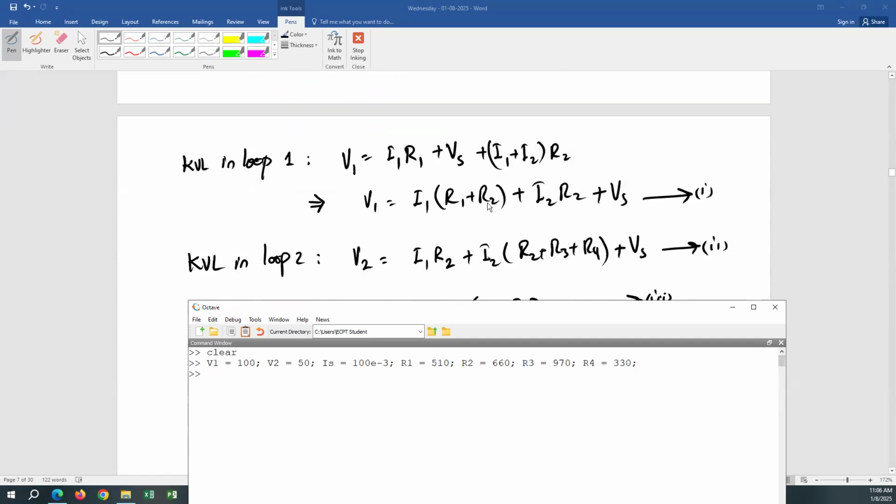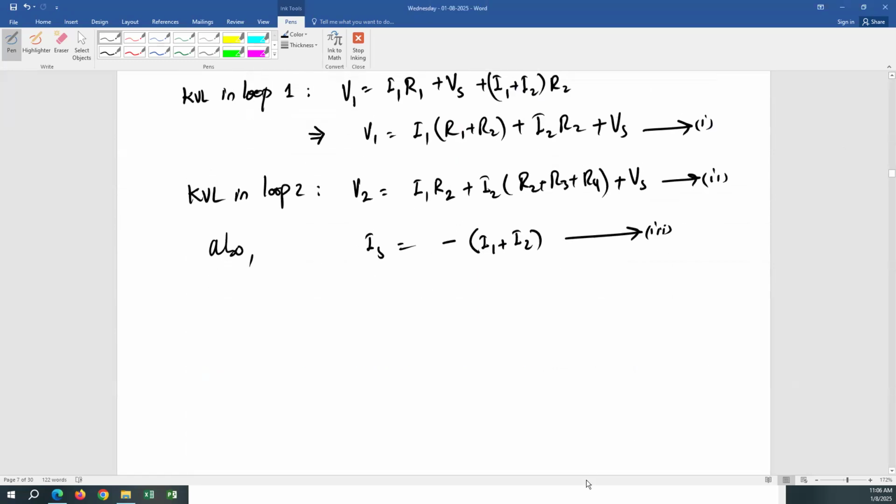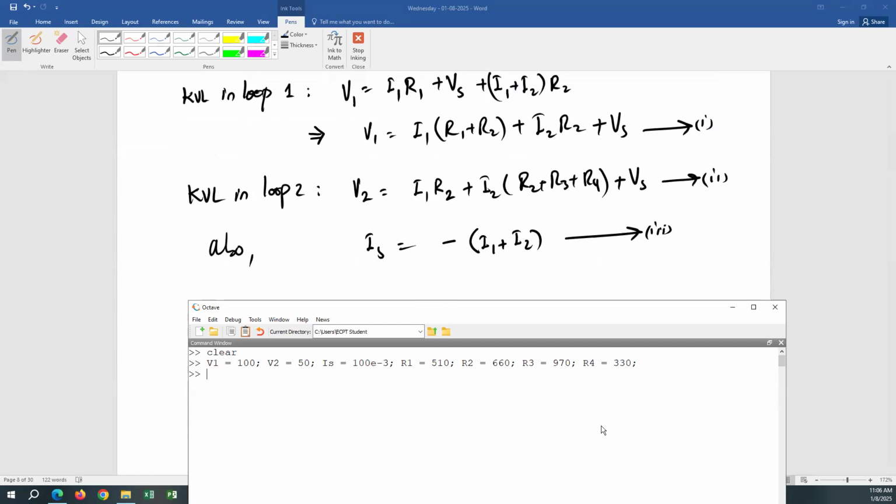Okay, so let's go ahead and, from the three equations that we have, write down A is equal to, from the first one, R1 plus R2, R2, and 1. Coefficient of Vs is 1.